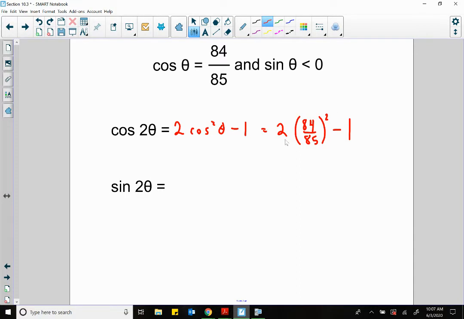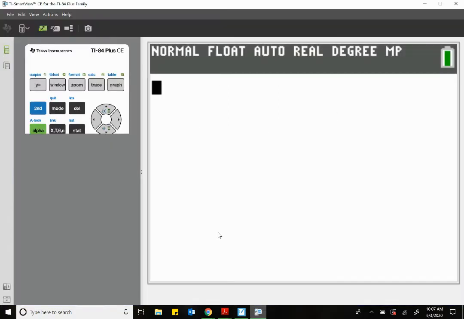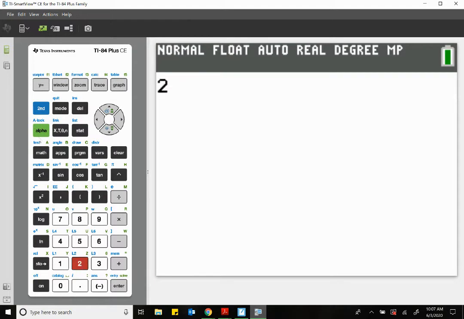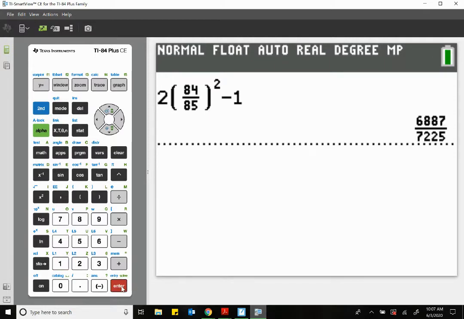So 2 times parenthesis, 84 over 85, not 88, silly Mr. Armstrong, 85. Scroll out to the side, square that, and then minus 1. Same way that you see it on my paper. And there it is. That's what the cosine double angle formula looks like, and that's what they want.